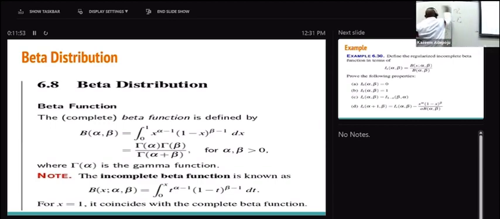Now, if x follows beta with parameters alpha, beta, as I told you the other time, the beta distribution will enable you to know the click rate of customers that visit your website.